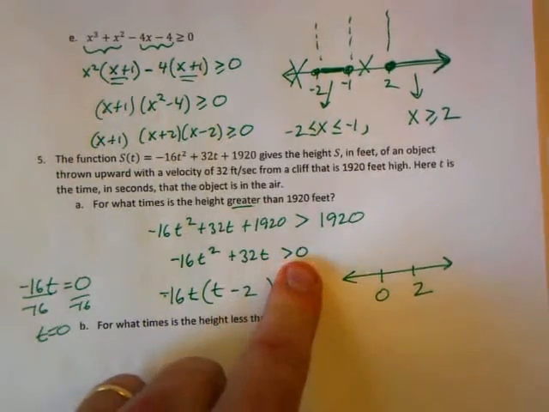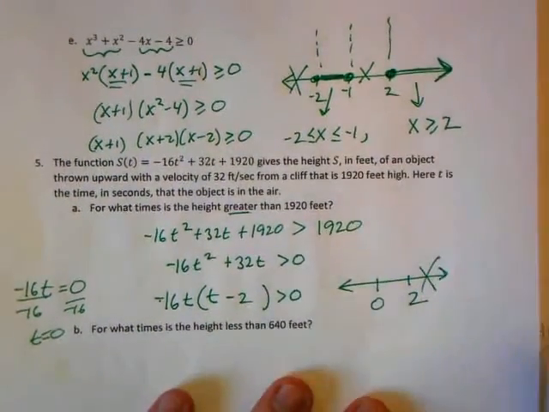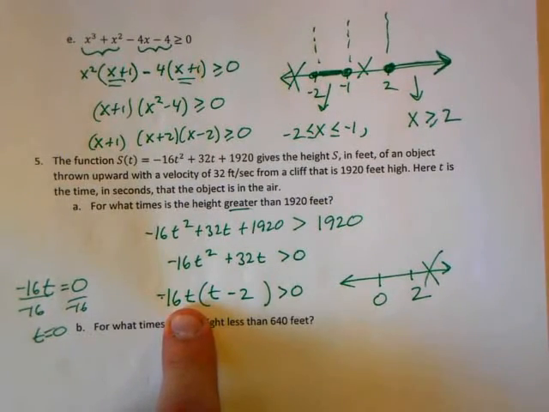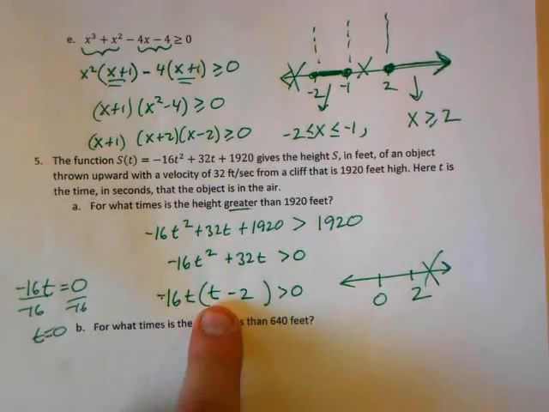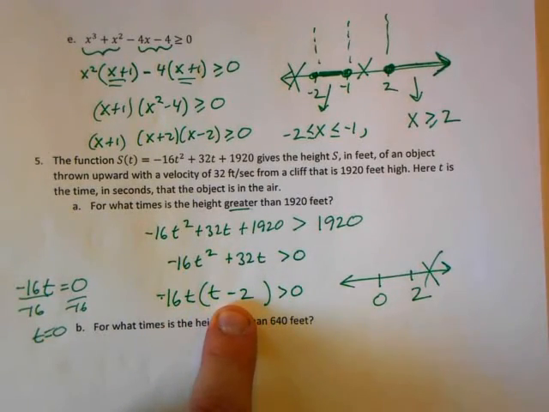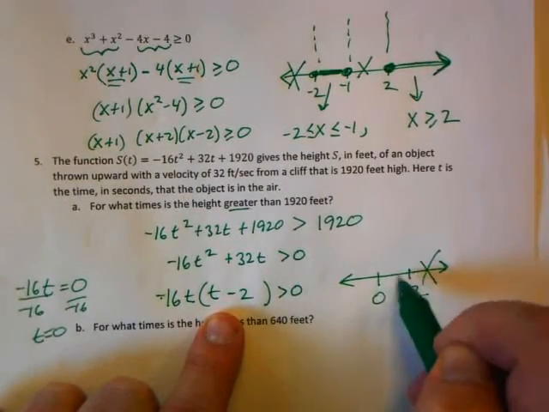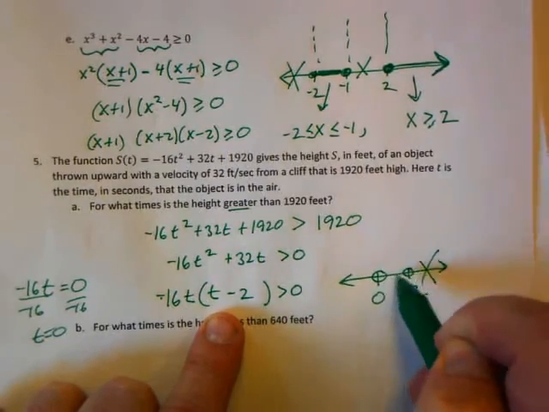Is that bigger than 0? No, no good. Favorite number between 0 and 2? 1. Negative 16 times 1 is negative. 1 minus 2 is negative 1. Negative times negative is positive. Should I put circles or dots? Circles. Shade in between.